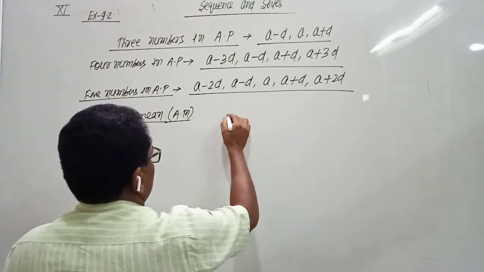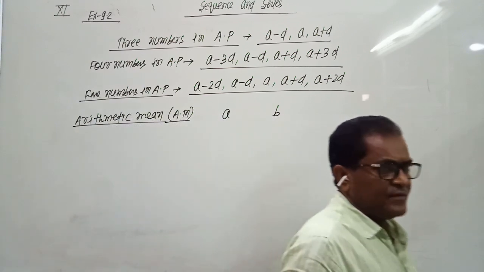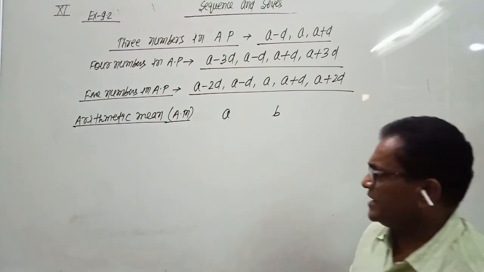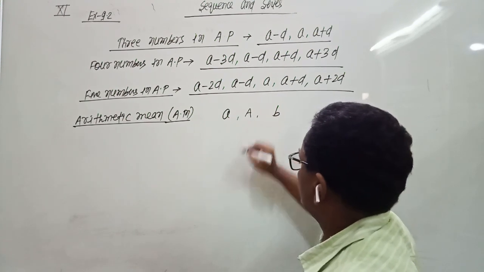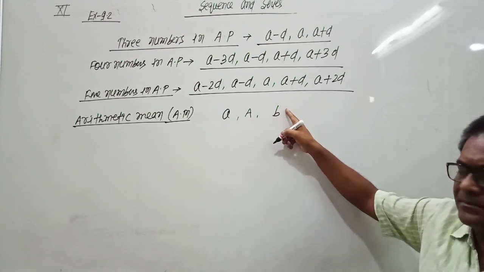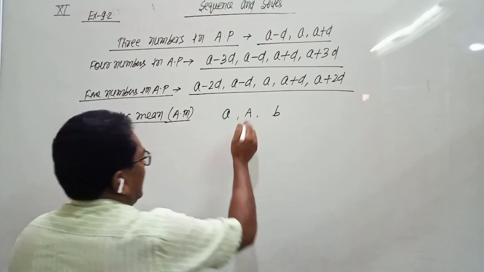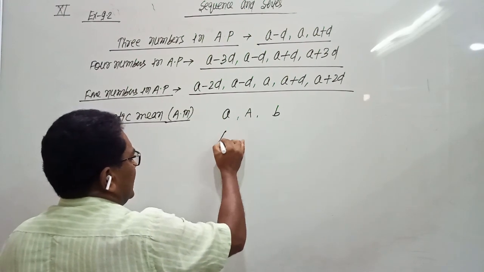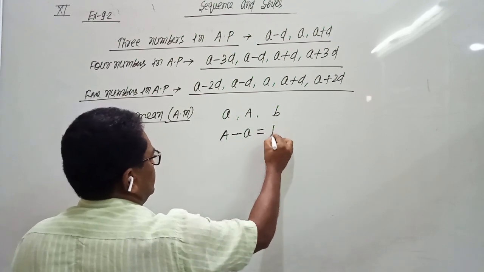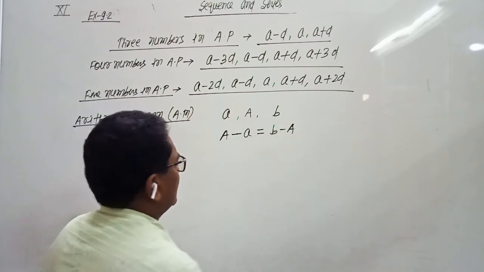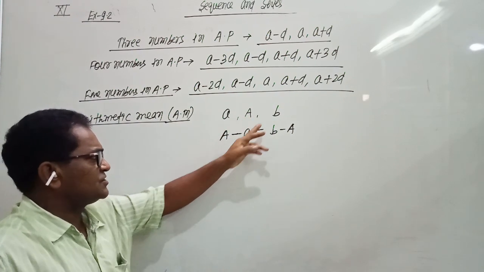Suppose there are two numbers a and b, in which there is an arithmetic mean A. So a, A and b will be in AP, and we know that A minus a equals to b minus A. For finding the common difference, we use second minus first and third minus second.